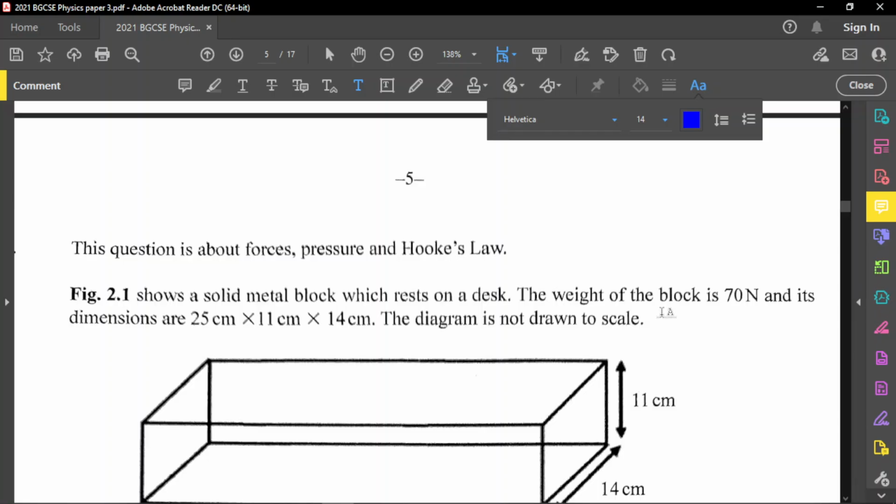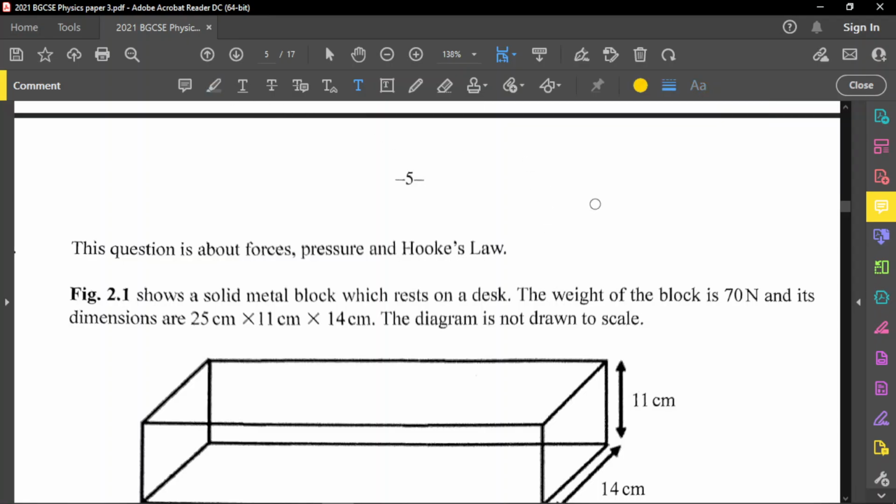The weight of the block is 70 newtons. I want to make note of that. Let me just highlight that. 70 newtons is going to be very important for us, because when we talk about force, pressure, Hooke's law, the weight is going to be important. And its dimensions here are 25 centimeters by 11 centimeters by 14 centimeters. So we're going to see how that is applicable here.